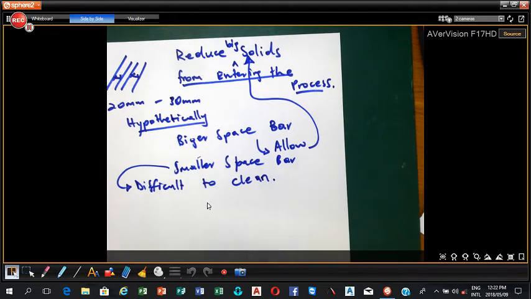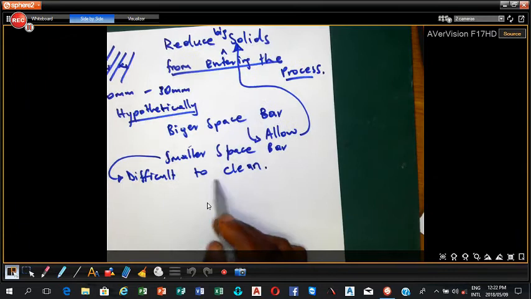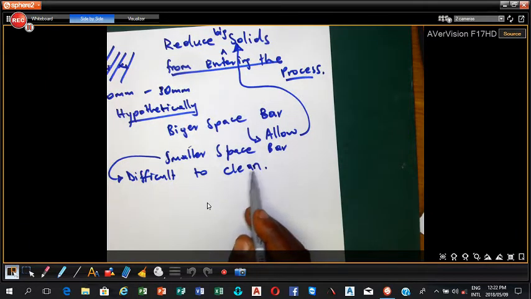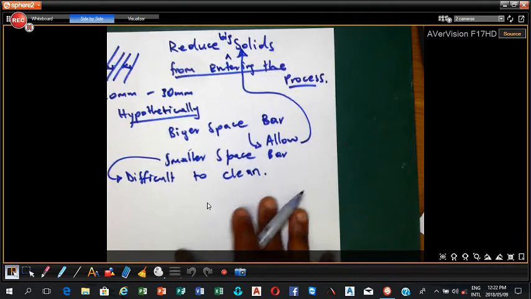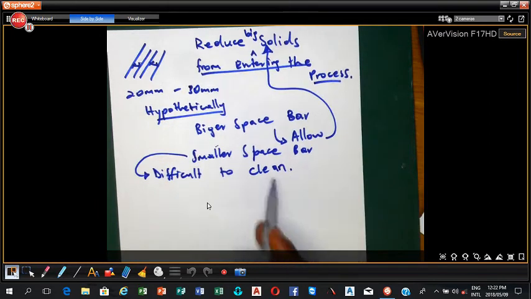Take into account that when you clean, you are using a rake, so if there's very small spaces between your bars, then that would mean your rake will not be flowing very well.